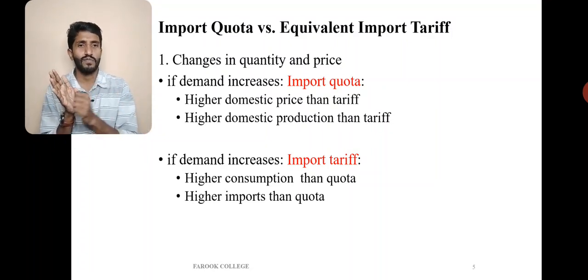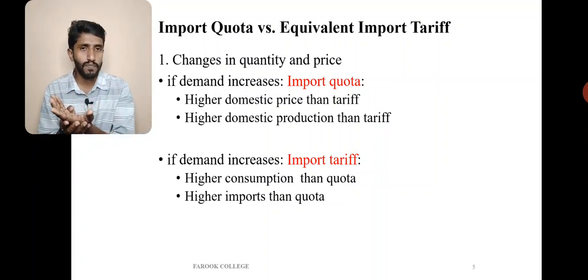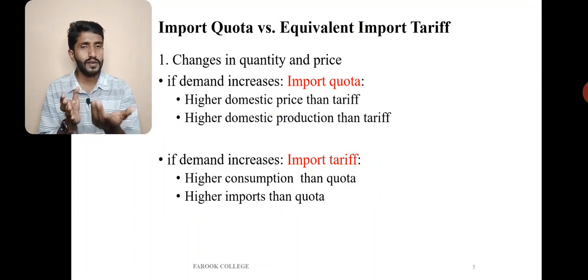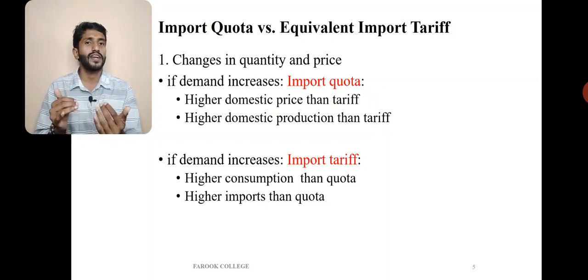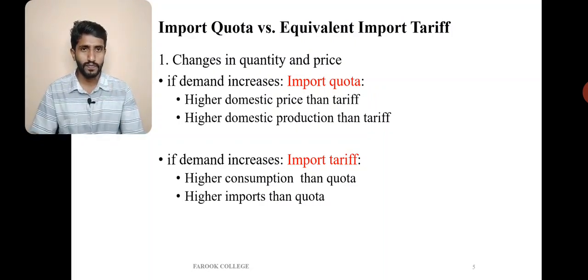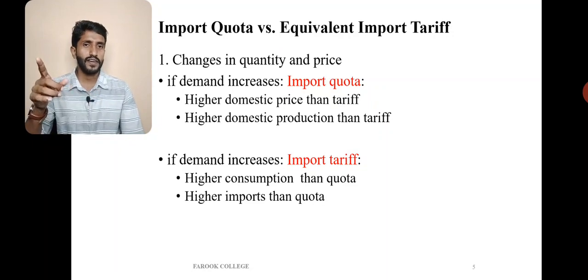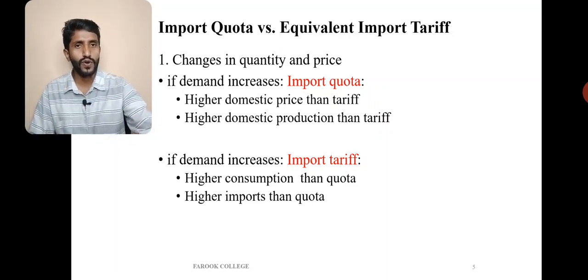So the higher consumption. Since there is higher consumption, there is also a chance of higher imports, because there is no restriction on imports. Only the taxes are there. The people are ready to pay the taxes and they will consume more, and the imports also will be more. But it won't happen in the case of quota.